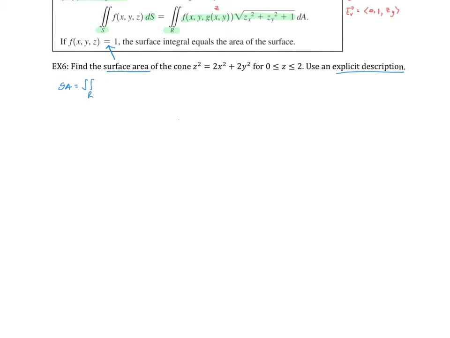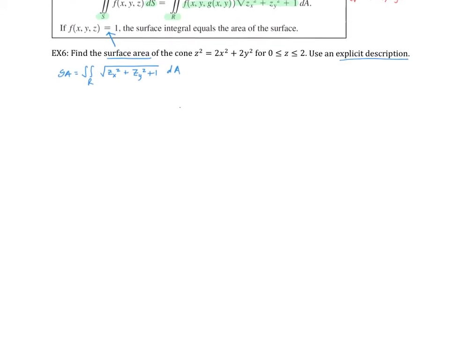Since our function is 1, all I'm computing is the square root of the partial derivative of z with respect to x squared plus the partial derivative of z with respect to y squared plus 1 dA.